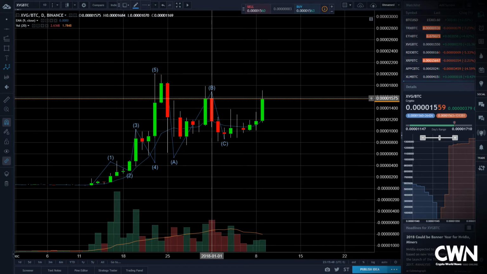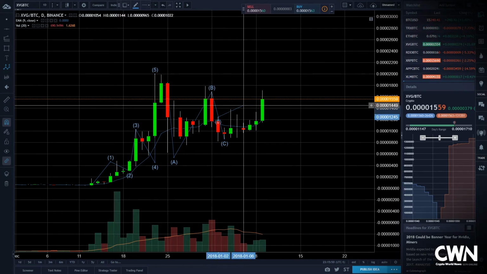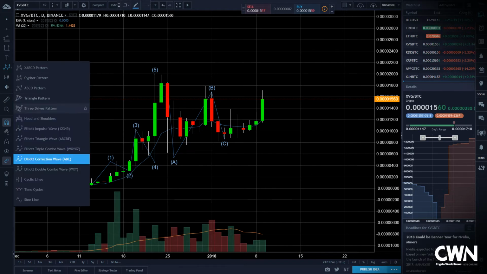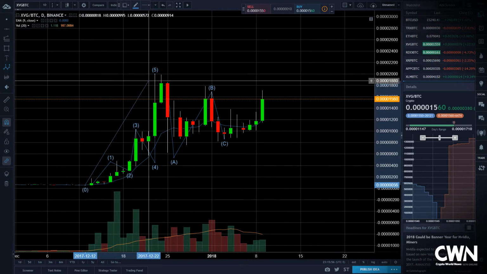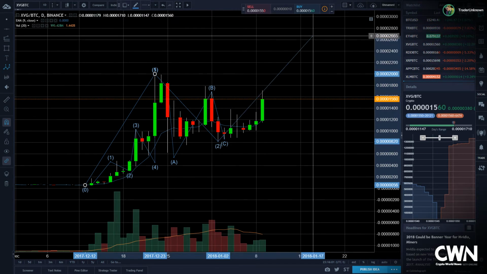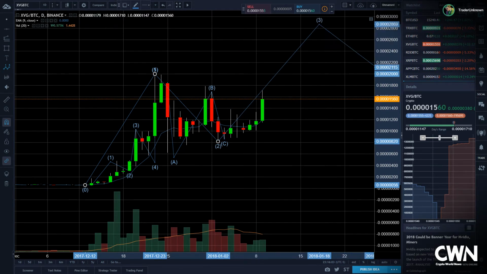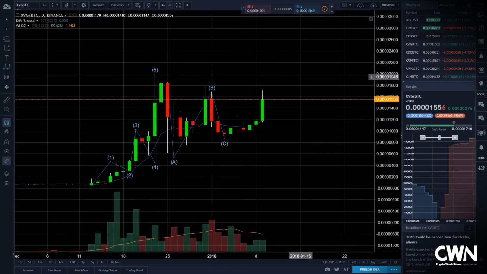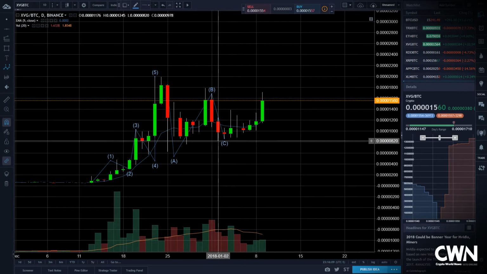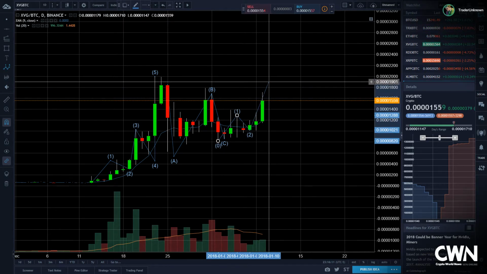Okay, so I'll get rid of these older ones. So this would be our 1-2 pattern with our completed 5 up, 3 down in a primary 3. You could absolutely buy it right here. Looks like we're in a little 3.